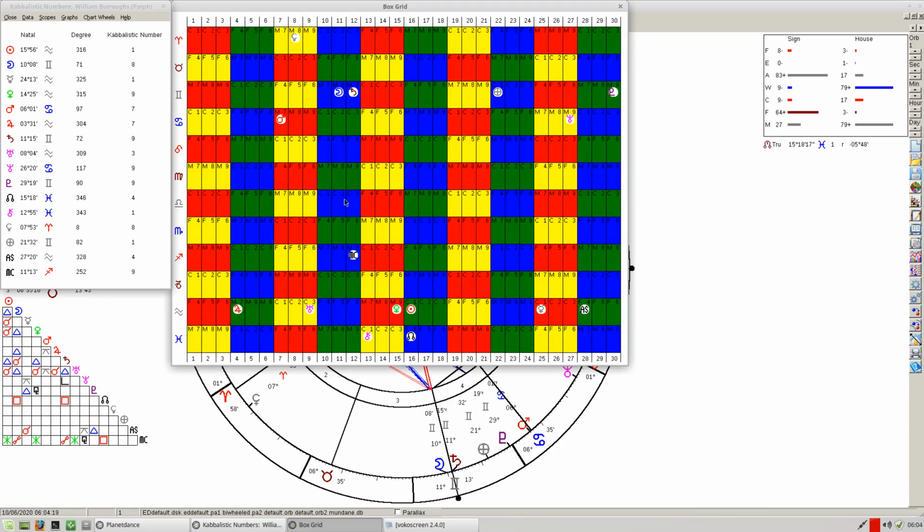M9 for Saturn, M9 for Venus, M9 for Neptune and M9 for Pluto. You can also see the MC appears there. So these are very precise relationships using Kabbalistic degree numbers.